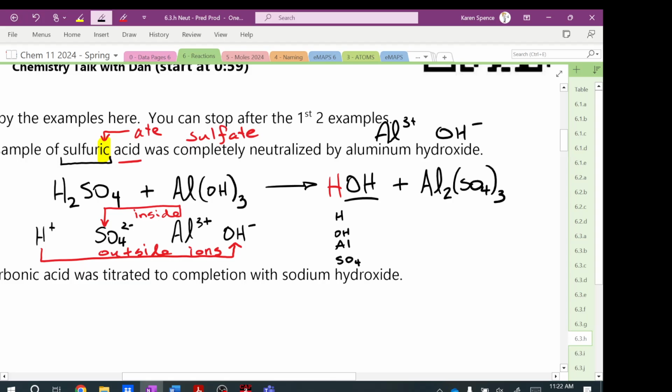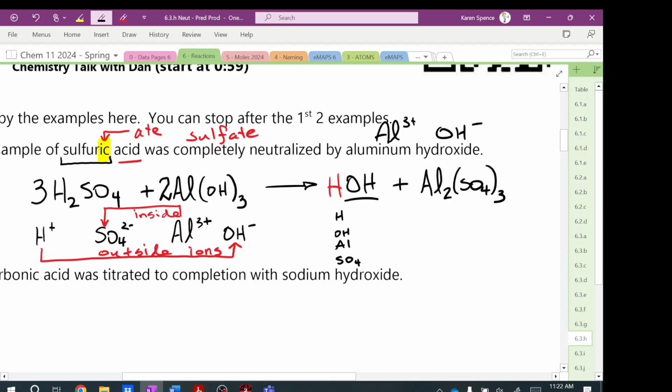But I'm going to let you in on a little secret. There's two ways of going about this. You can balance the ions in the most complicated compound first. Who is the most complicated compound? Al2(SO4)3. So we're going to put a 2 in front of the Al, and a 3 in front of the compound with the SO4.